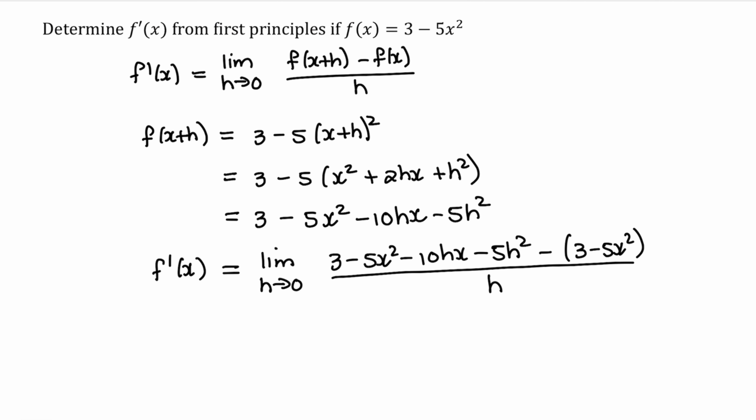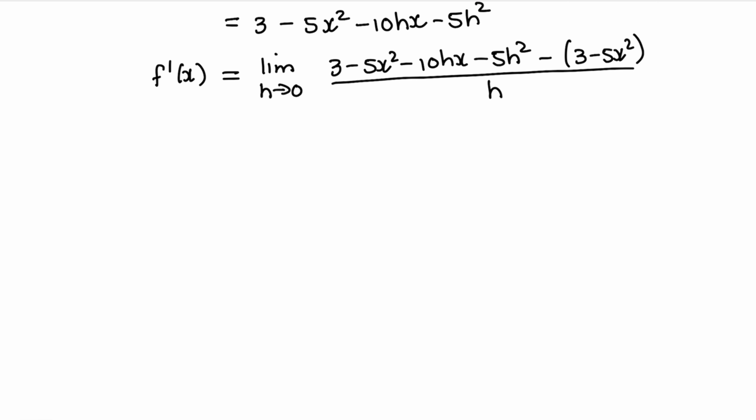So I want to show you that when I substitute, we have f(x + h) first, then minus f(x). And when I take away f(x), I actually put that expression in brackets, because when I distribute this negative 1, you would see that negative 5x squared will actually become plus 5x squared.